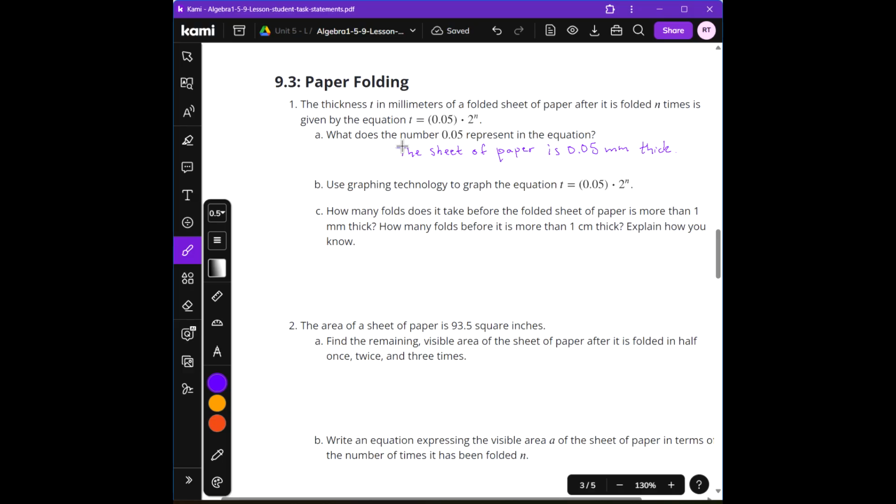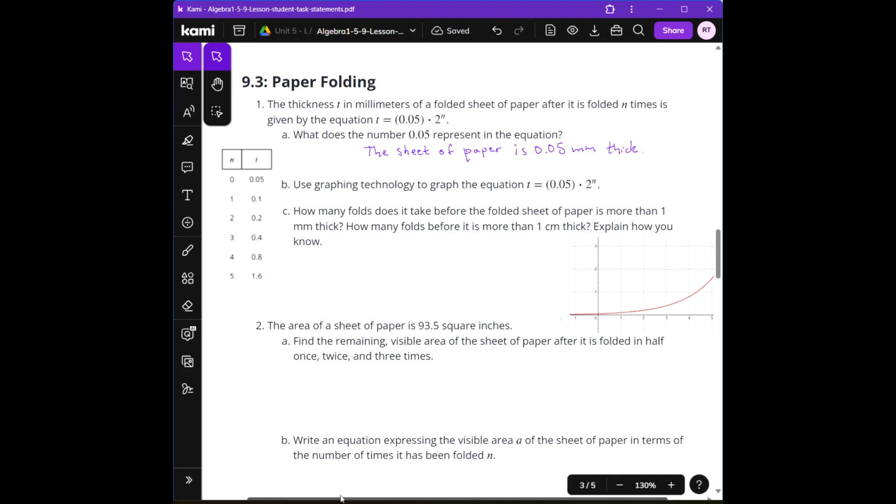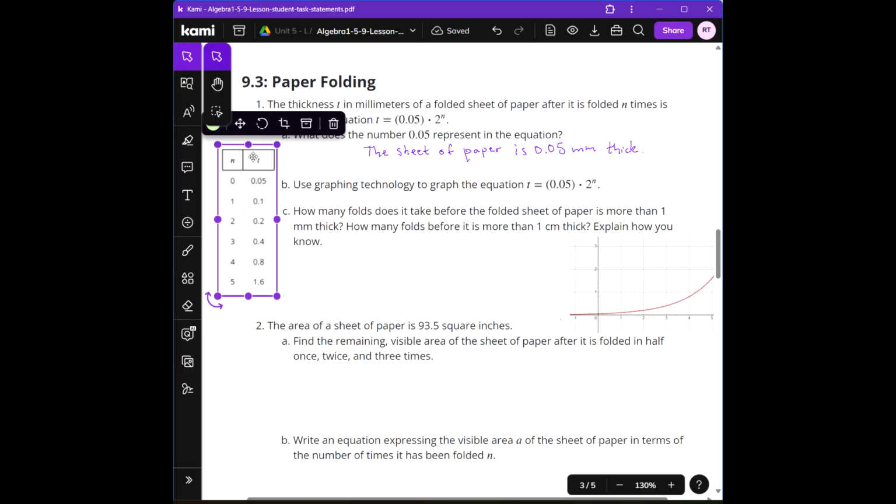Okay, now it says use graphing technology to graph the equation T equals 0.05 times 2 to the nth. So I put over here a table that is going to show us the values of t between 0 and 5, with n being the number of folds and t being the thickness.